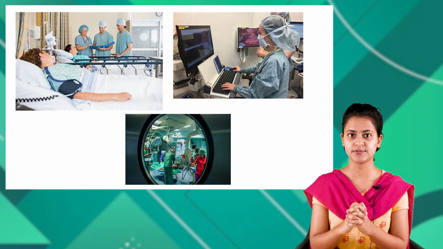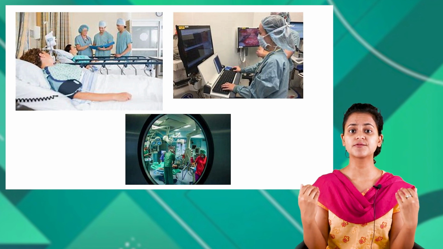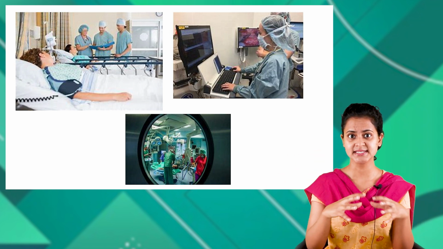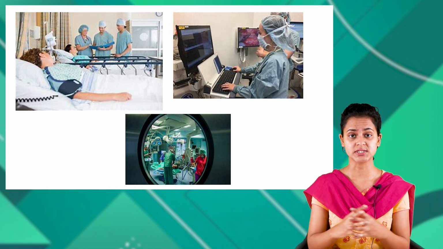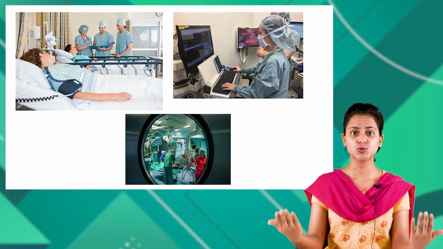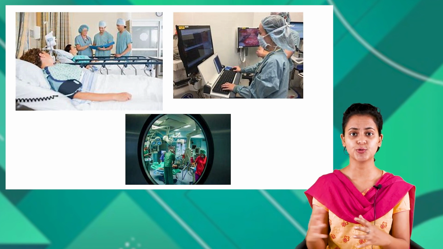So the circulatory nurse will be providing all the necessary information, all the incidents that took place during the surgery, even the client's response, their vital signs and hemodynamic stability, to the nurse who is present in the post anesthesia care unit or surgical intensive care unit.